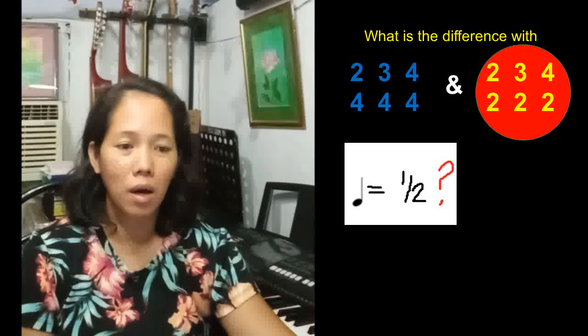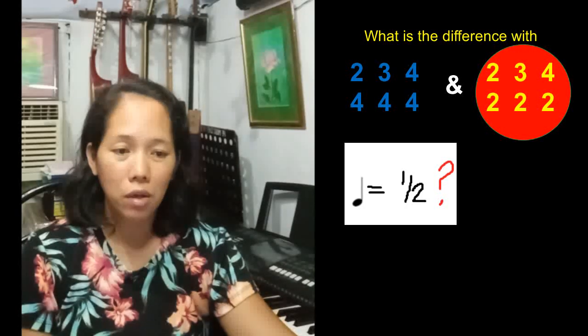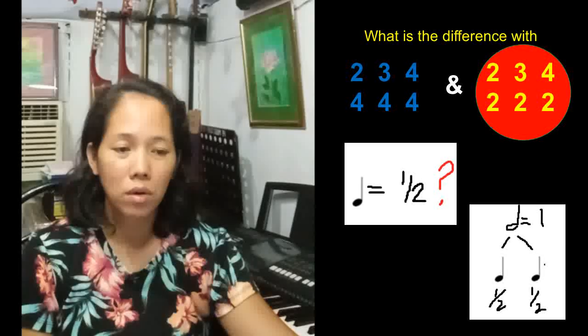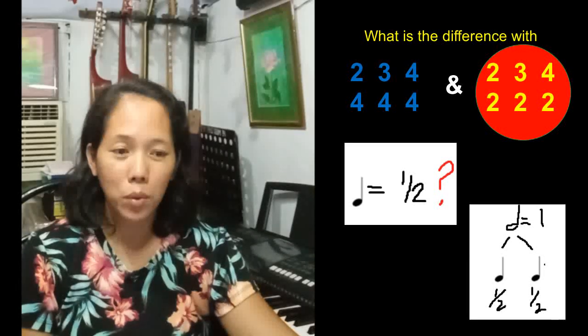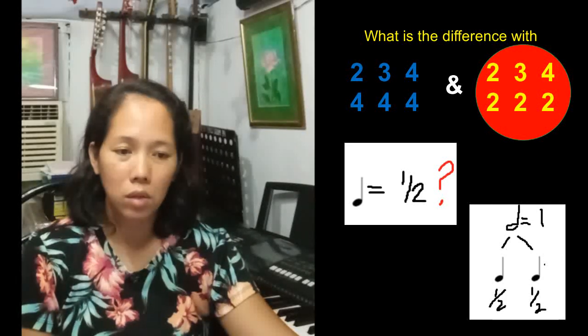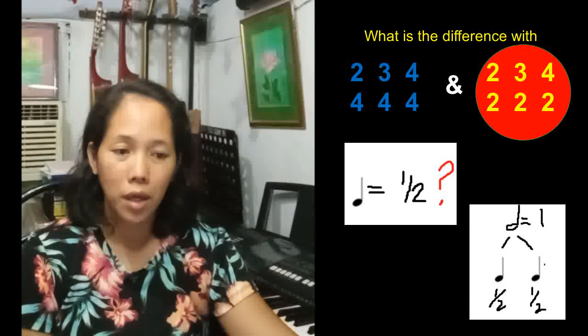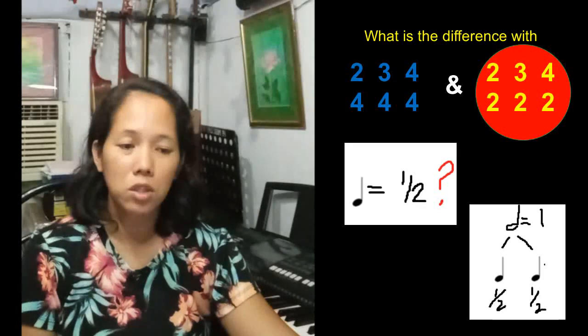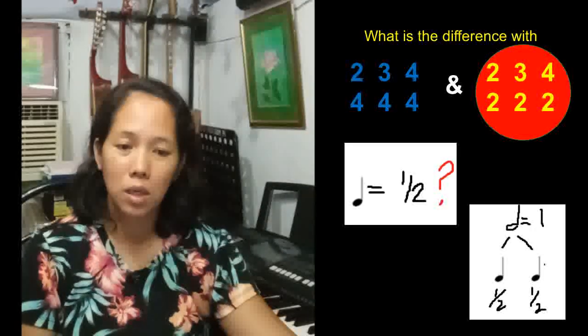It's only 1/2 because inside each half note are two quarter notes, which in this time signature will only be treated as 1/2 count, because the half note alone is just considered as 1 count. So each of these will just have half count. That explains why this is 1/2.